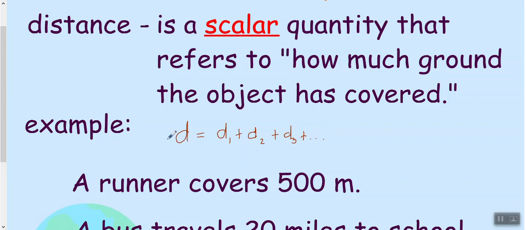So I will get the sum of all the distances, and it's always absolute. It doesn't matter if you're moving to the left or to the right. We don't even want to talk about those because we're just knowing how much ground you covered. So that is in terms of distance.